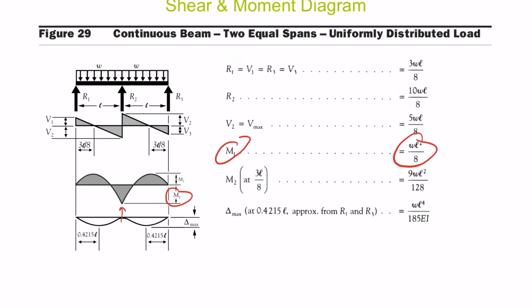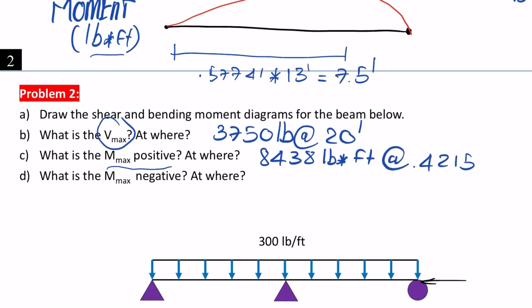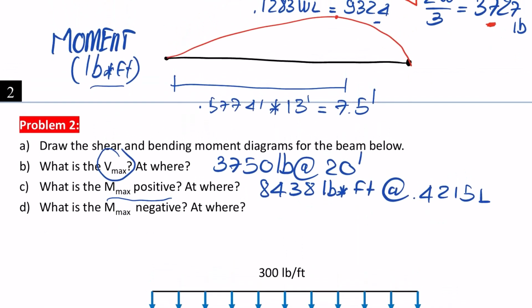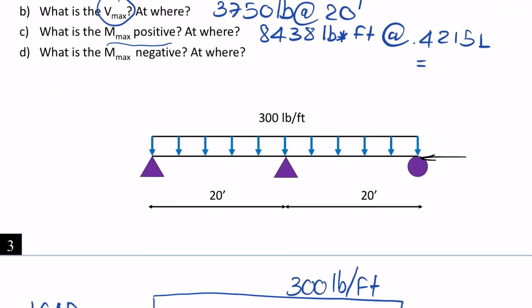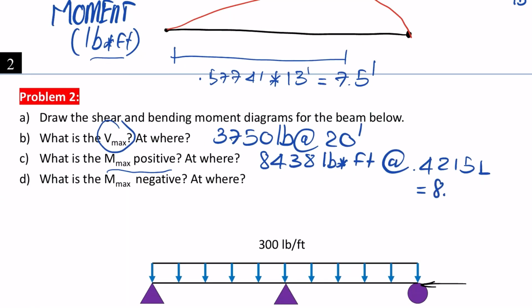From the reference over here, you can see that the Mmax will be at 0.4215 L. That will equal 0.4215 multiplied by L, which is 20. I will have 8.43 feet.